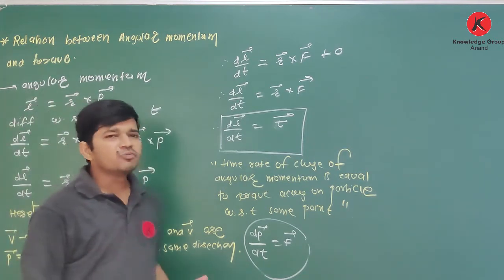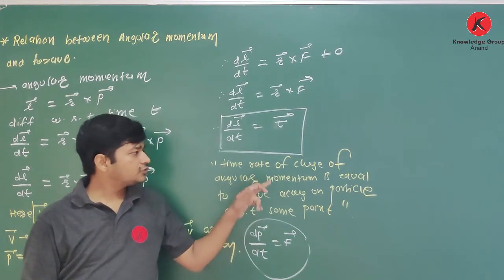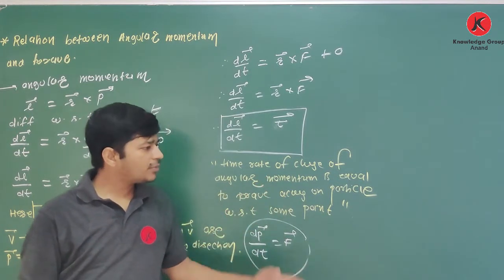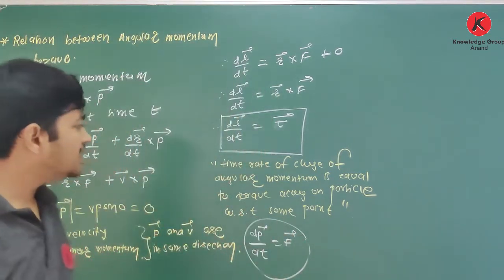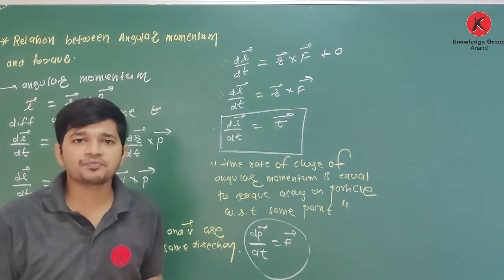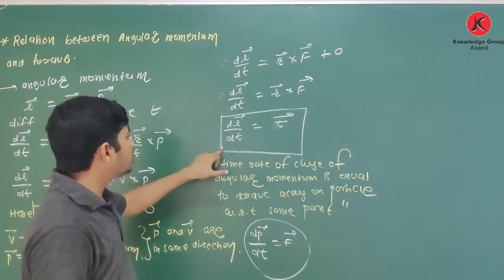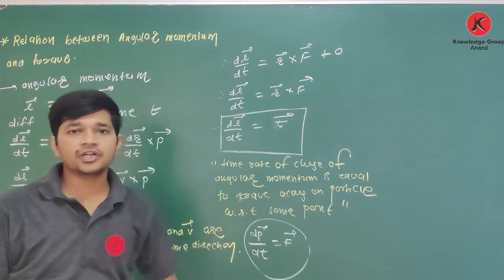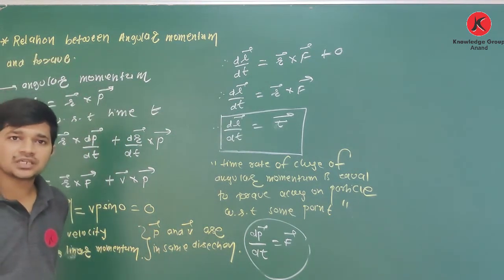Or you may also be asked to prove this statement: prove that time rate of change of angular momentum is equal to torque acting on particle with respect to some point. Clear about this? So you have to remember this equation, dL upon dt is equal to torque.